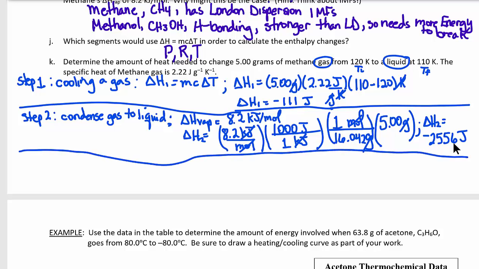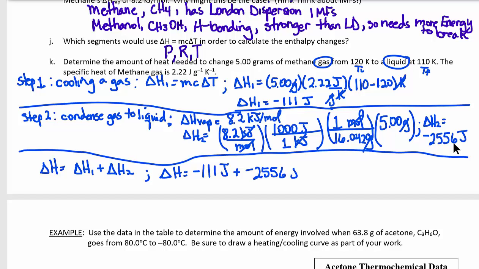Okay, so the delta H for my entire cooling process here will simply be the delta H for step 1 plus the delta H for step 2. And the delta H for step 1 is a negative 111 joules, and the delta H for step 2 is a negative 2,556 joules.